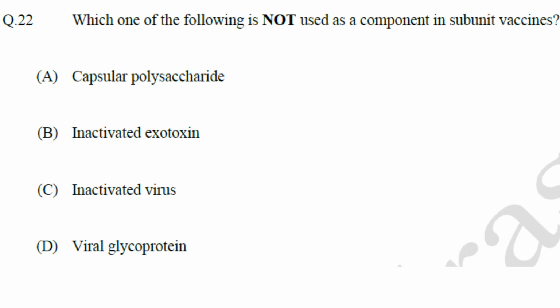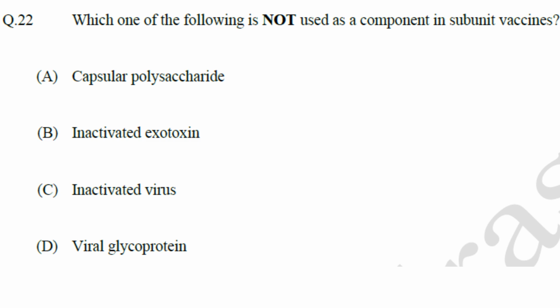Then next one. Which one of the following is not a component in subunit vaccines? So subunit vaccines use specific components of the pathogen rather than the entire pathogen. These components are called subunits, and they can be either polysaccharides or polypeptides, that is viral glycoproteins, bacterial toxins, etc. So which of the following is not used as a component in subunit vaccine?